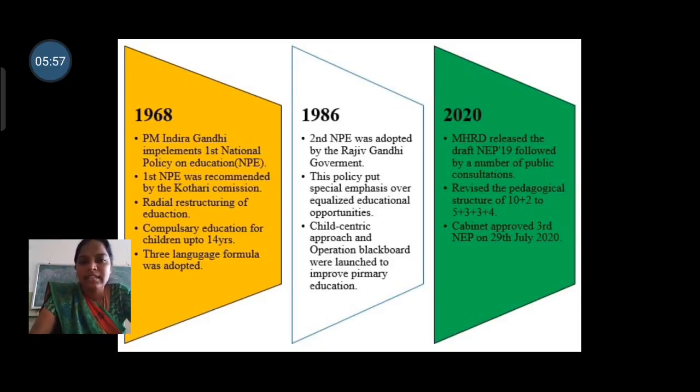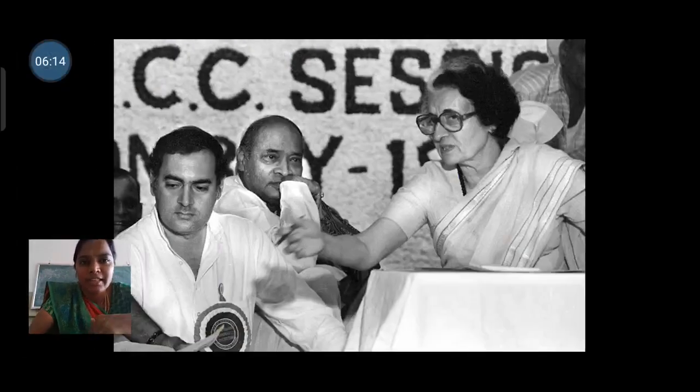So these are the three milestones in our education policies. After going through this, you understand what NPE and NEP 2020 are, what major points were discussed there, and who played a role there. Here we have the image.